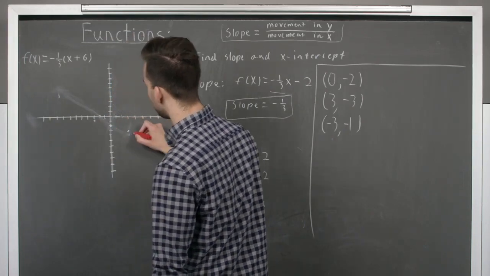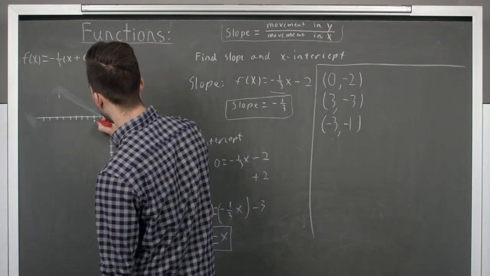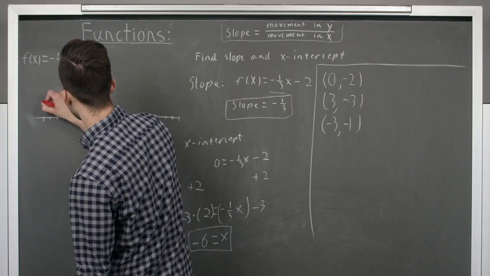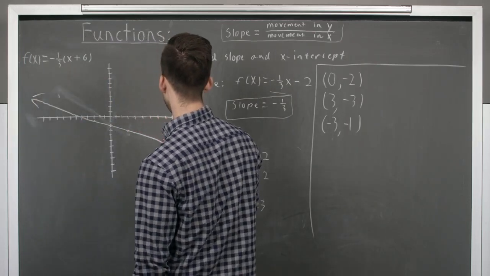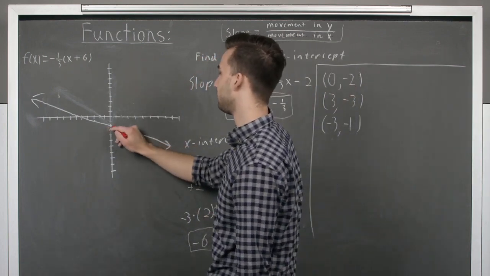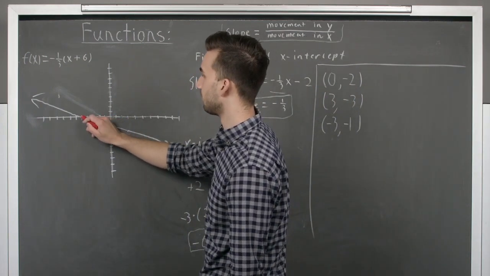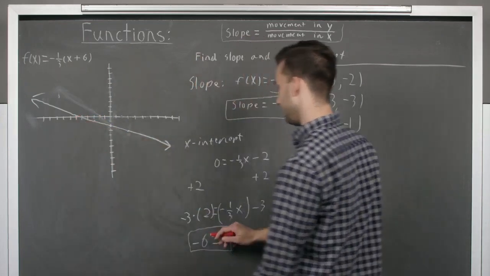Okay, that looks more like a straight line too. So there we go. And then, if you'll notice, we have 1, 2, 3, 4, 5, 6. It crosses the x-axis at roughly -6.